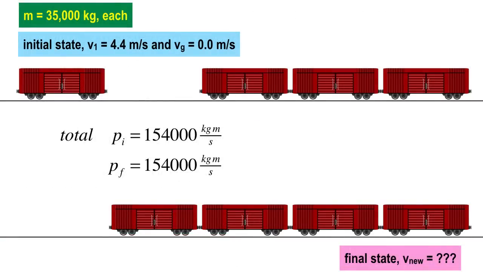PI and PF are both 154,000 kilogram meters per second. Nice. Now, go ahead and make a note that those two numbers are the same because of this. The concept that we use for that momentum being the same before and after is conservation of momentum.